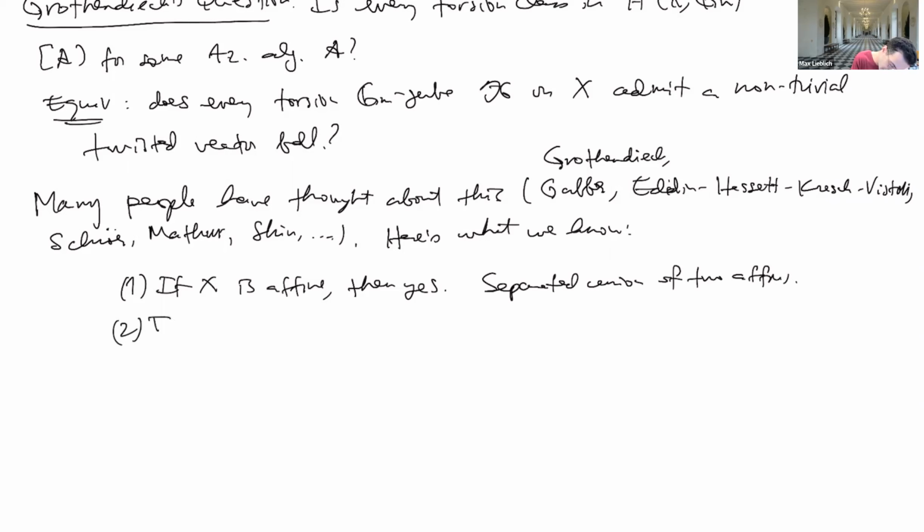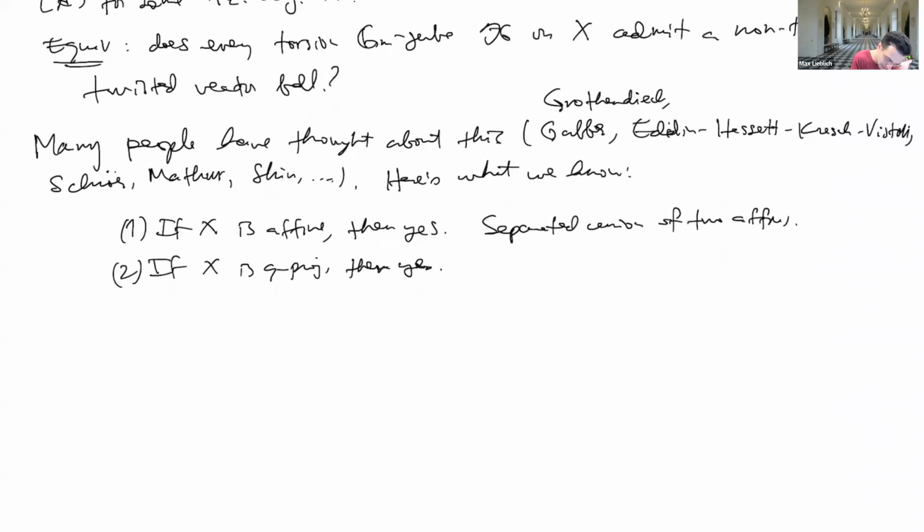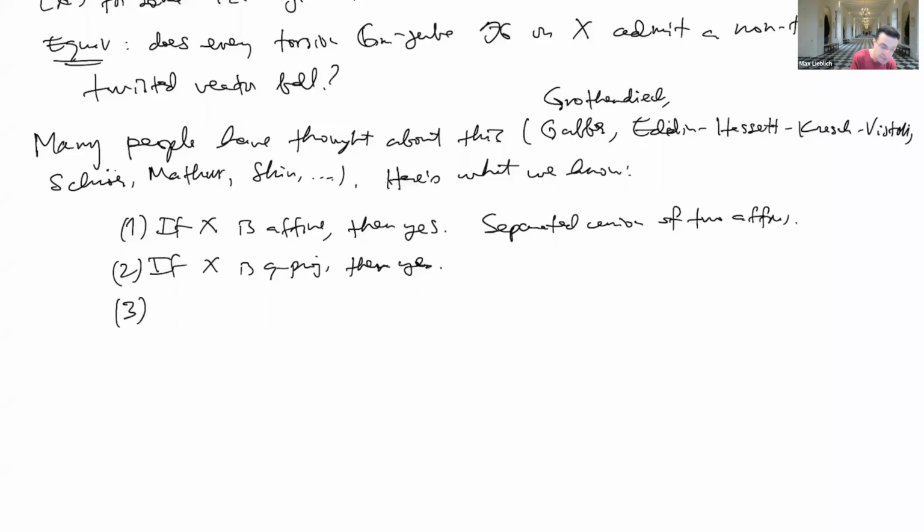If X is quasi-projective, then yes. And what I really mean is if it has an ample invertible sheaf. So you have to be a little careful what you mean by quasi-projective. This is also Gabber. It's a famous result of Gabber. He never published it. De Jong wrote up a treatment of it using twisted sheaves. He never published that. Okay, in Grothendieck's original work, we have that if X is regular of dimension less than or equal to 2, then yes.